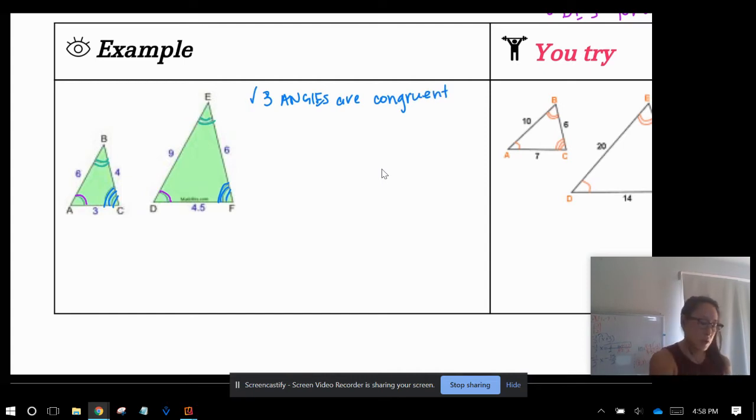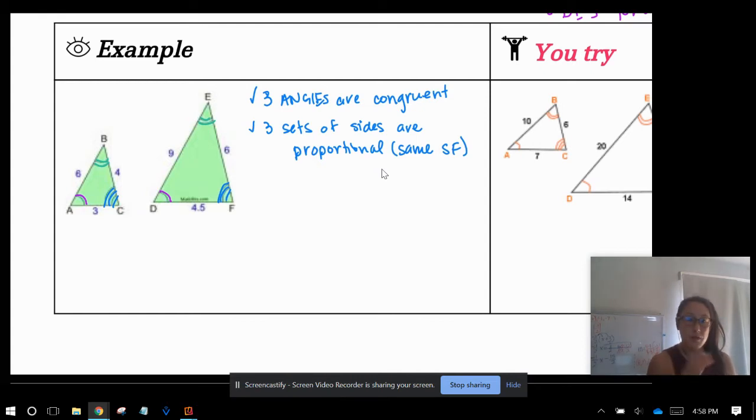Now we have to make sure that the three sets of sides are proportional, aka they have the same scale factor. Okay, so we're going to test. We always have to choose the same sides from the different triangles. Between angle A and angle B is a side length. We're going to call this the image and the pre-image.